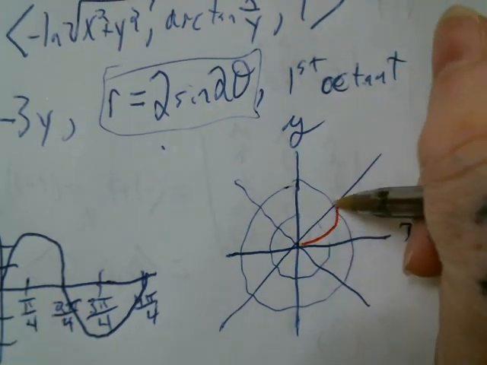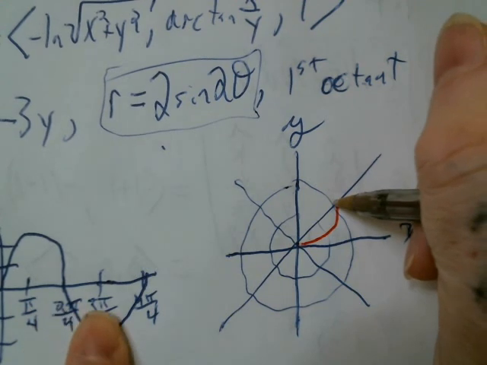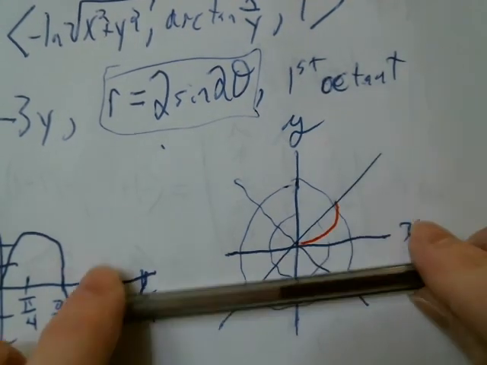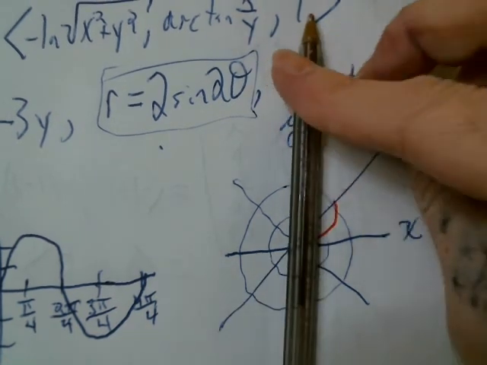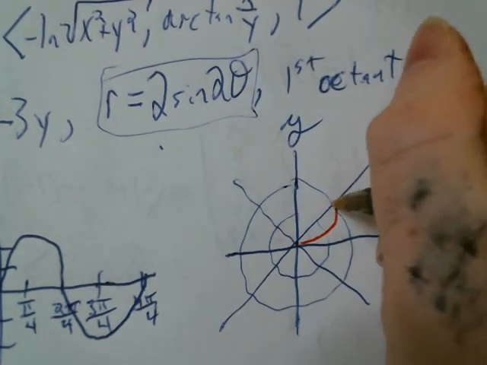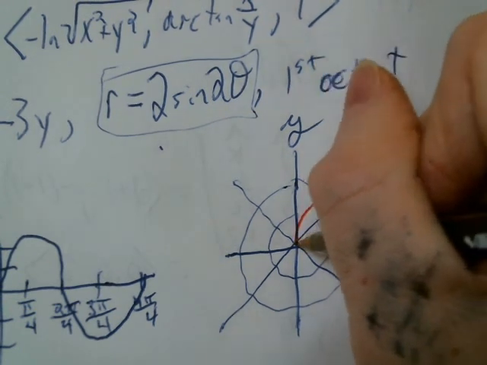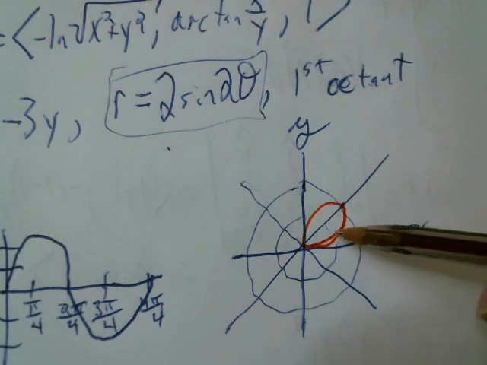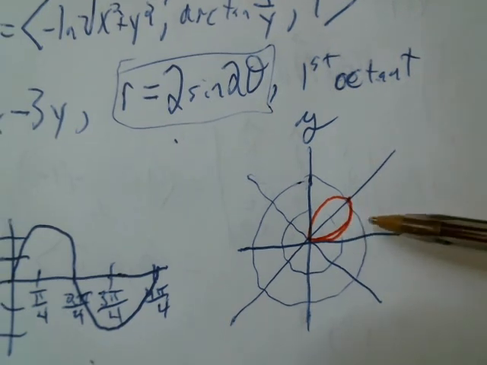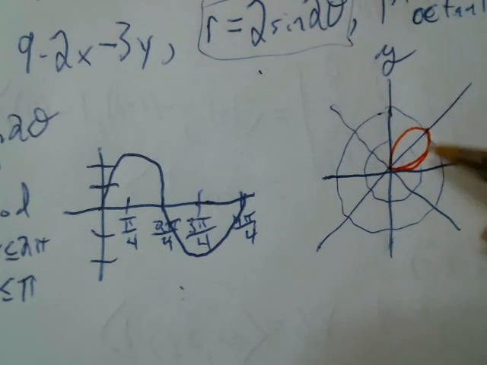So it'll look like this. And then from pi over 4 to pi over 2, from here to here, it's going to decrease back to 0. What you're ending up with is a rose. This is just one particular petal of that rose, and we're integrating over that petal.